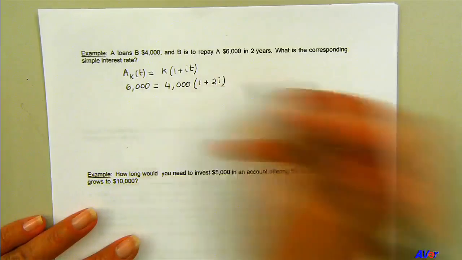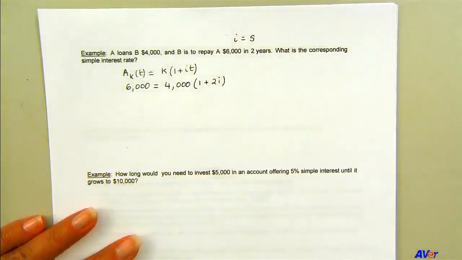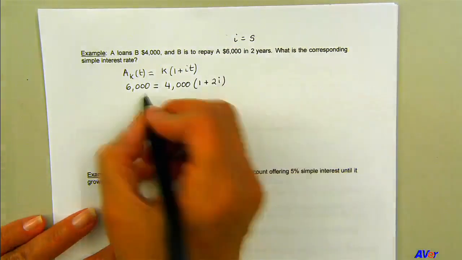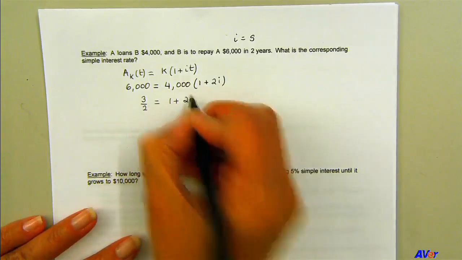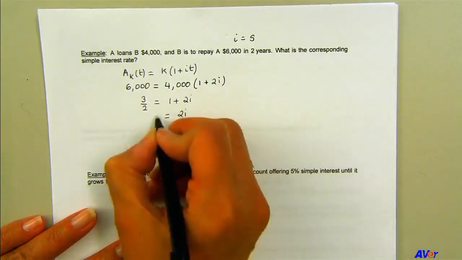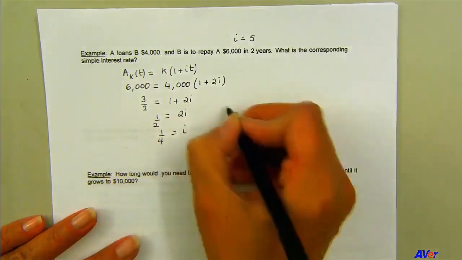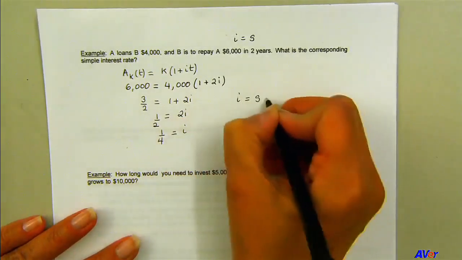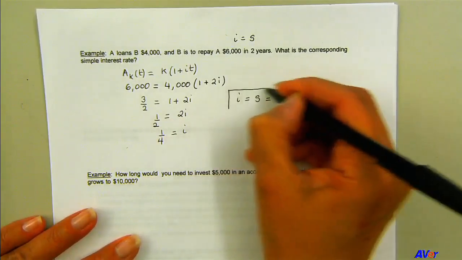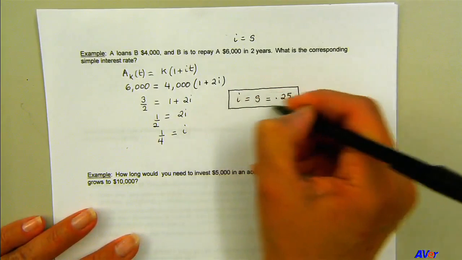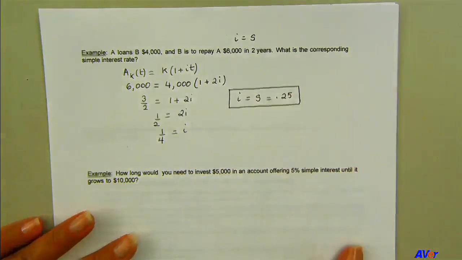I'm solving for i. i equals s, obviously, right? Because it's simple interest. So solve this thing. 3/2 equals 1 plus 2i, and 2i equals 1/2, and therefore i equals 1/4. So i equals s equals 0.25. Agree? Let's do the next one.